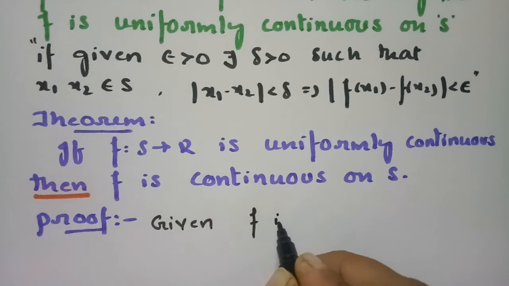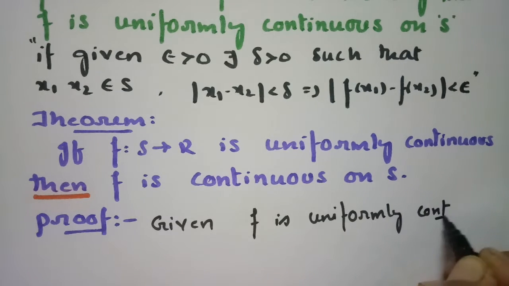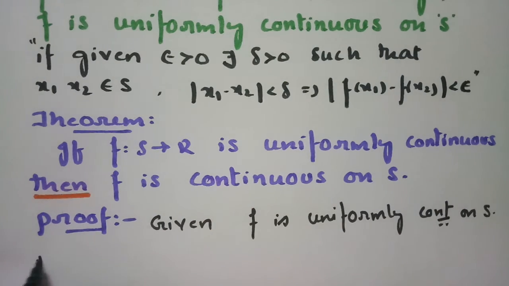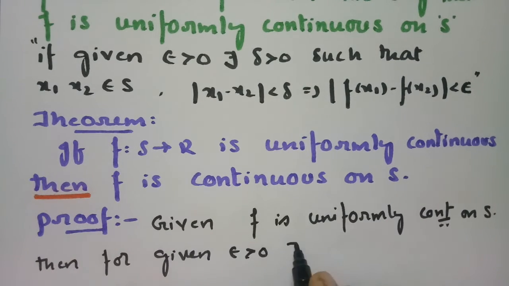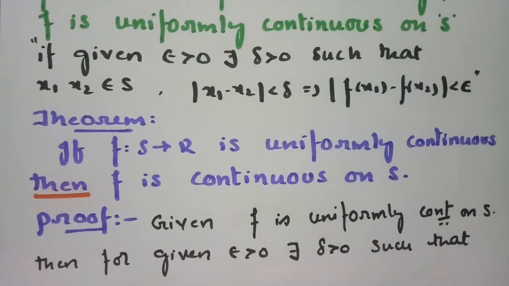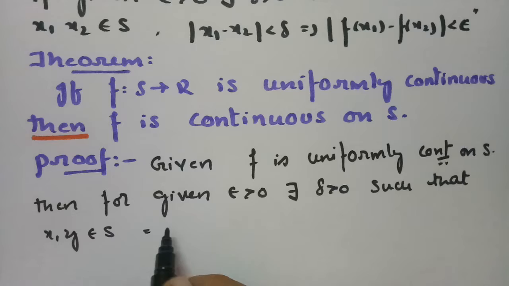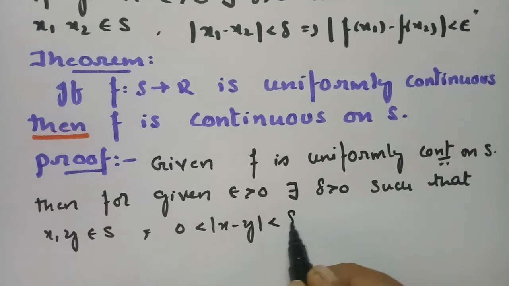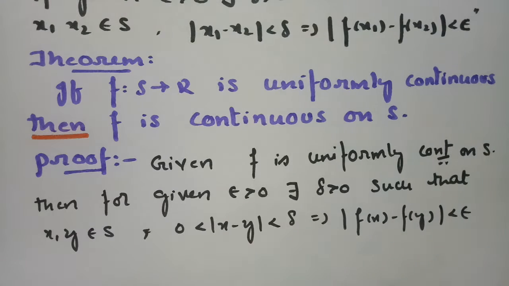Then according to the definition, for given epsilon positive, so given epsilon greater than 0, there exists delta positive such that, taking 2 points x comma y belongs to S, 0 less than modulus of x minus y less than delta implies modulus of f of x minus f of y less than epsilon.